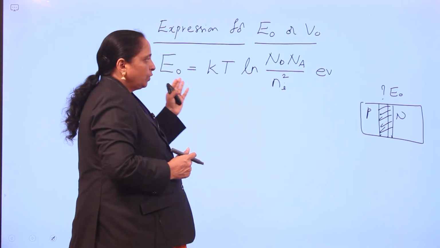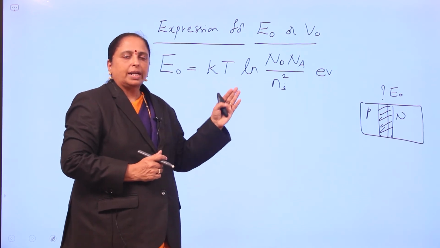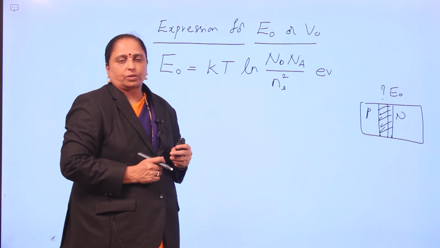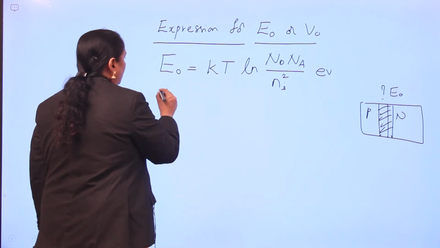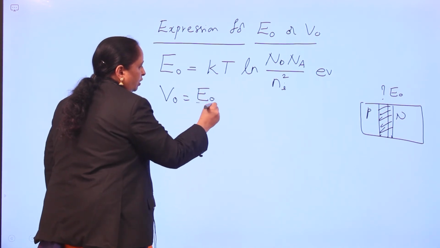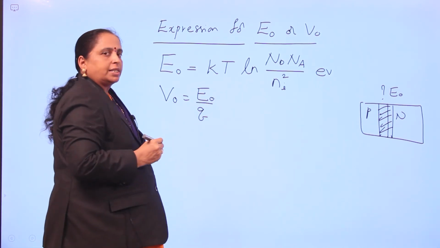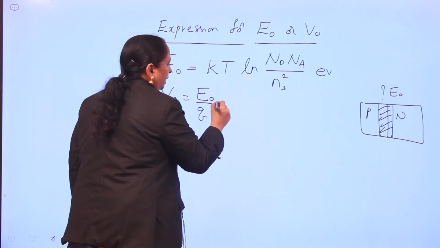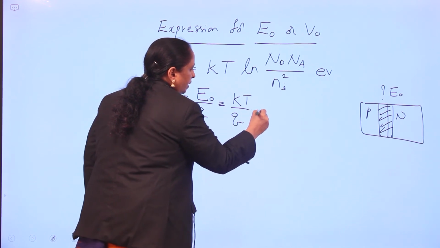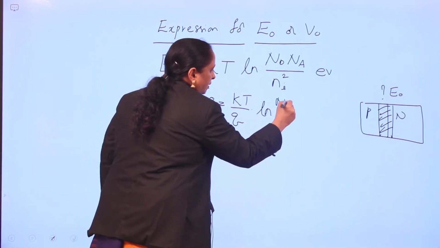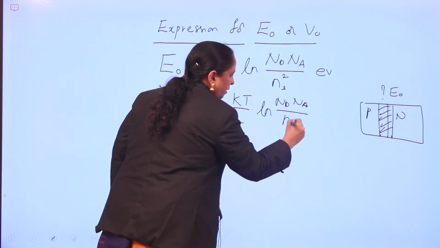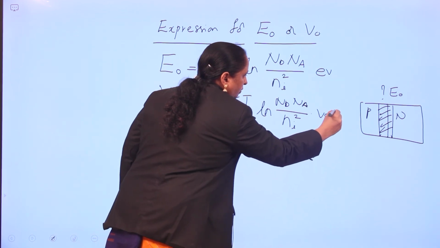Okay, so now usually we calculate the contact potential in terms of volts instead of electron volts, instead of energy. So now V naught is equal to E naught divided by the charge on each electron, so it will become KT by Q ln ND NA by Ni square volts.